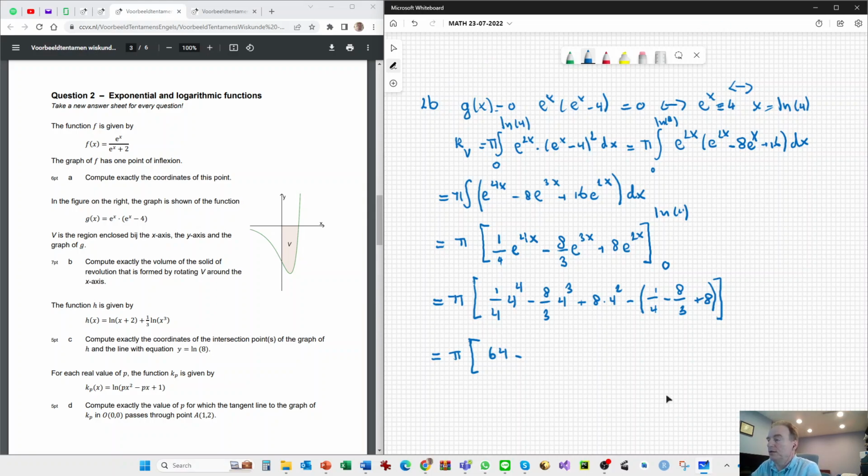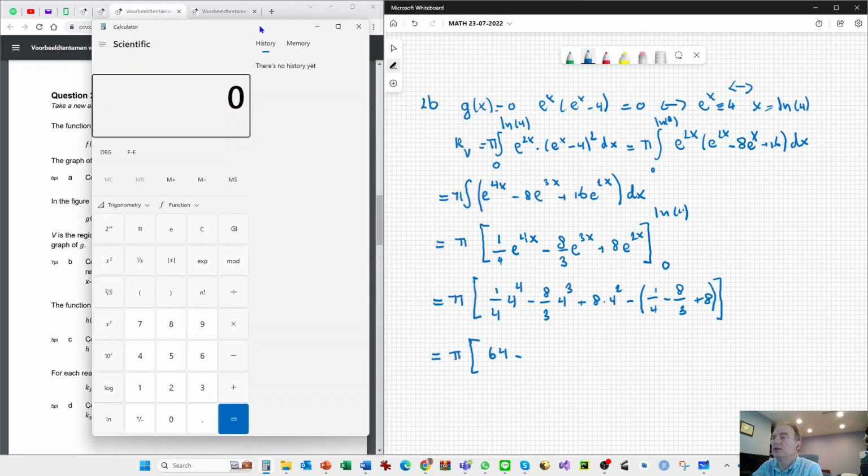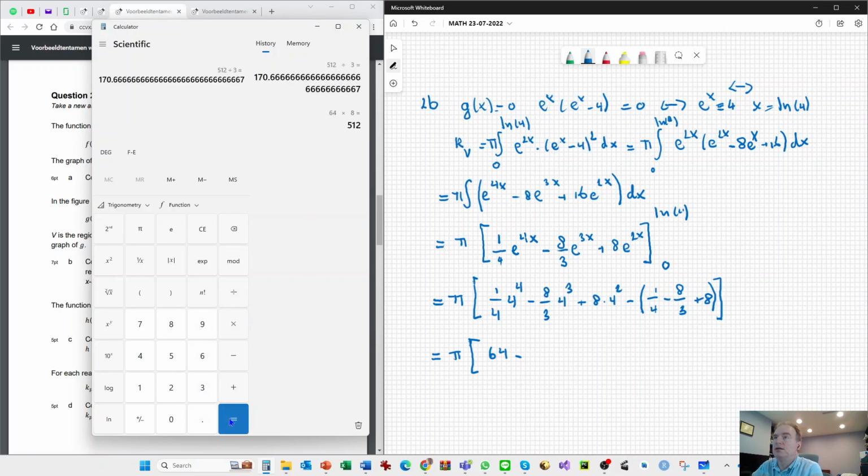Well, okay, why don't we use a calculator? 64 times 8 divided by 3. Oh, 512 divided by 3. And this is 16 times 8, which is 128.